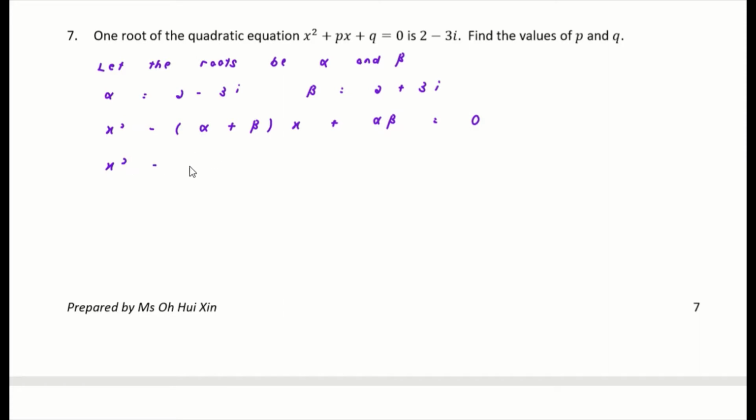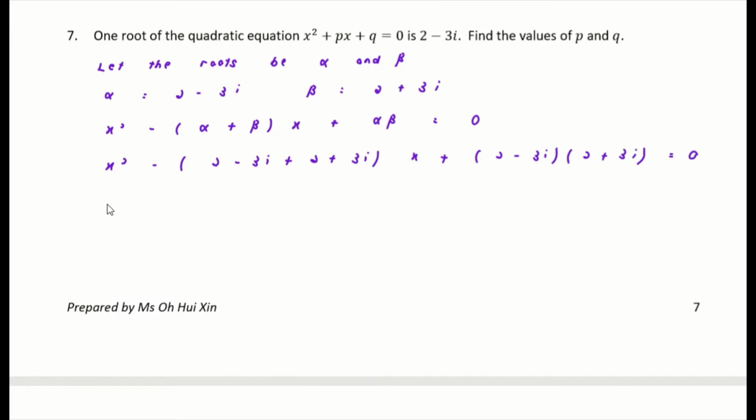Alpha plus beta is going to be (2 minus 3i) plus (2 plus 3i), then plus alpha multiply beta, so (2 minus 3i)(2 plus 3i) equals 0. Of course, you can find alpha plus beta and alpha beta first, then write your answer. It's the same thing, it's just which one you prefer.